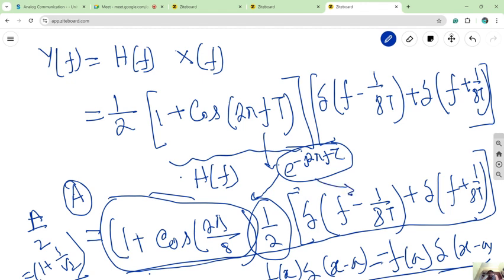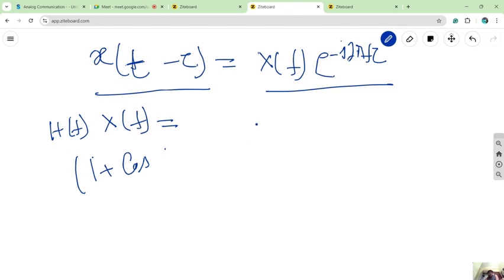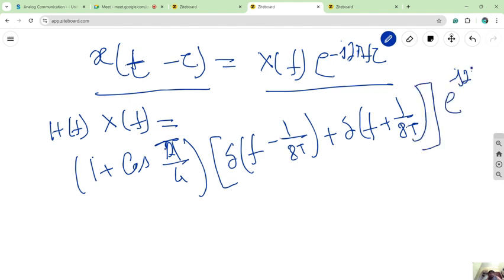So here it will be H of f times X of f is equal to 1 plus cos of 2 pi by 8, that is pi by 4, into delta of f minus 1 by 8t plus delta of f plus 1 by 8t, multiplied by the factor e to the power minus j 2 pi f tau.